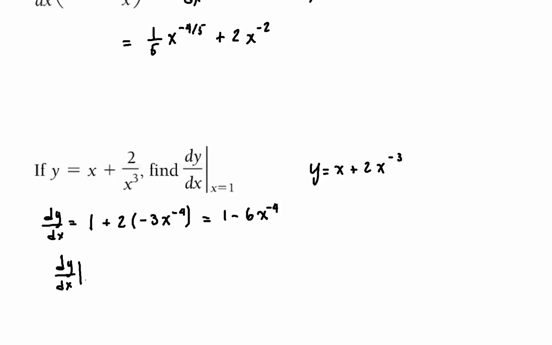So when I evaluate this at x equals 1, you plug it in here, you get 1 minus 6 times 1 to the -4, which is just 1 again. So 1 minus 6 is -5. And that's all you do.